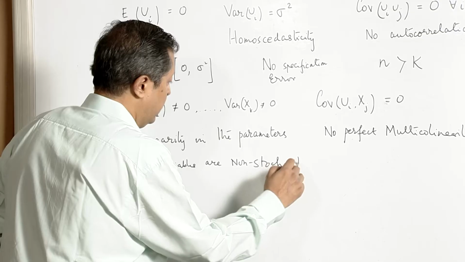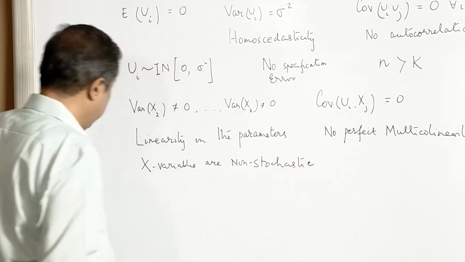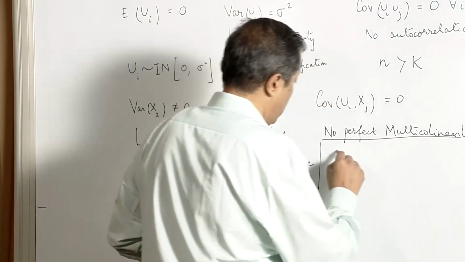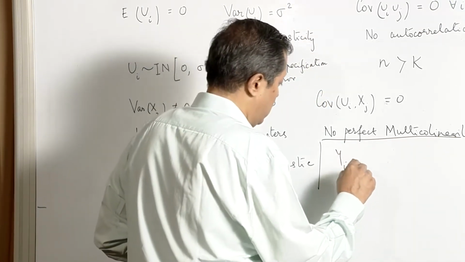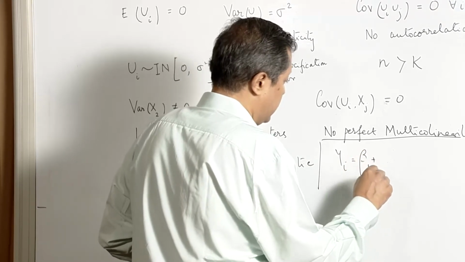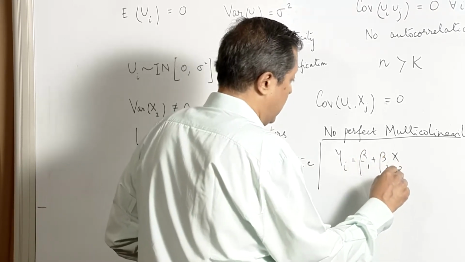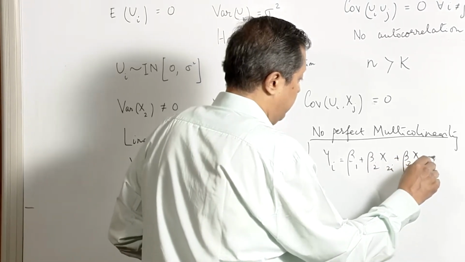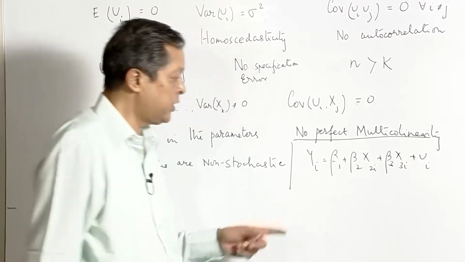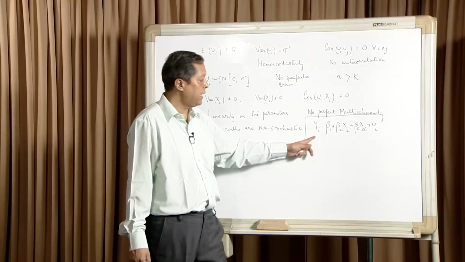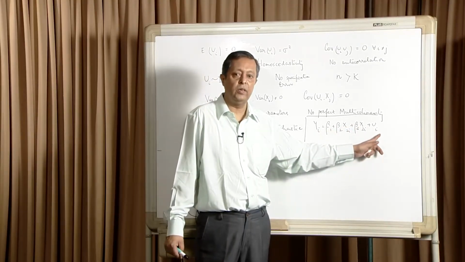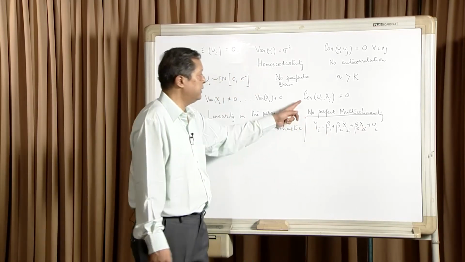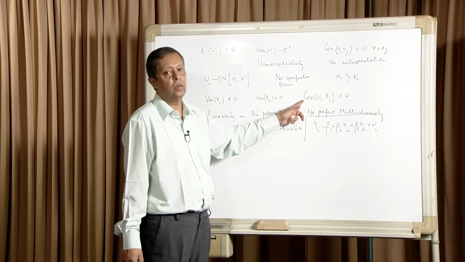That means when we write yi equal to beta 1 plus beta 2 x2i plus beta 3 x3i plus ui, the stochasticity of y arises from the stochasticity of u. So, the x variables are non-stochastic, that automatically satisfies this condition.